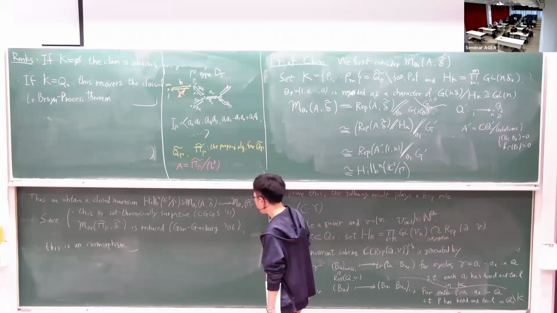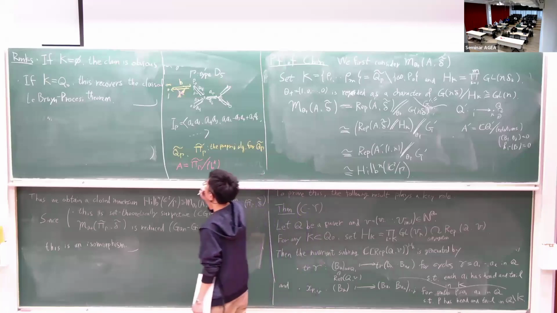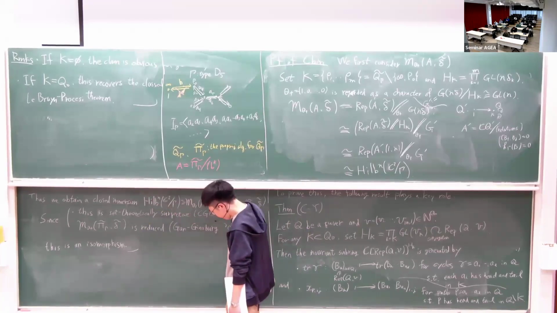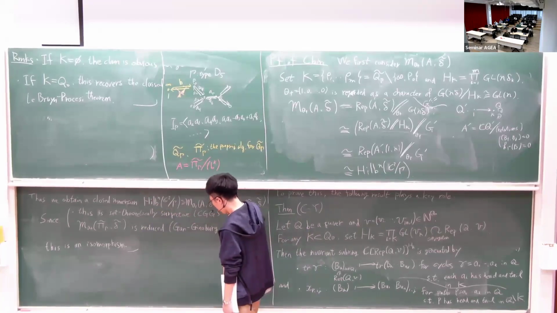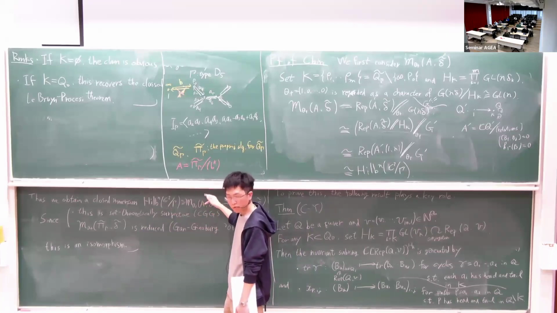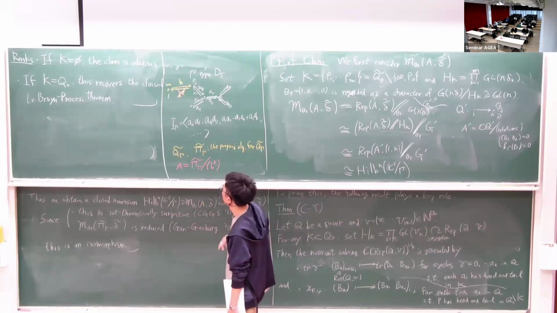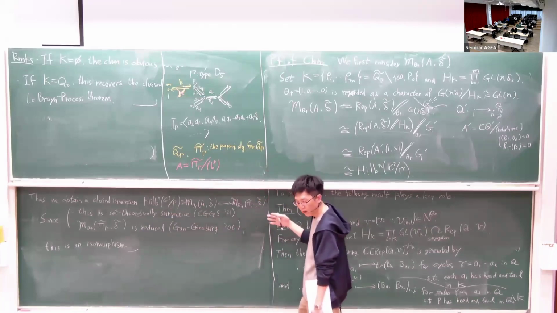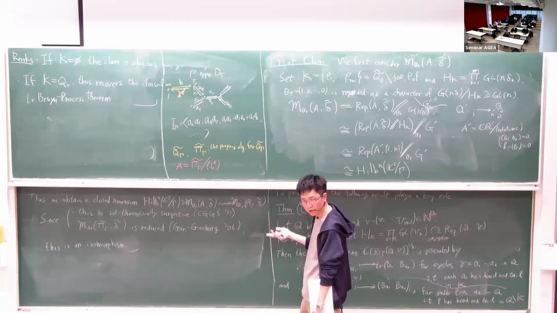So in this case every Q-factorial terminalization is smooth. By the result of Bellamy and Crawley-Boevey, all crepant Q-factorial terminalizations are obtained as Nakajima varieties. They are all smooth.